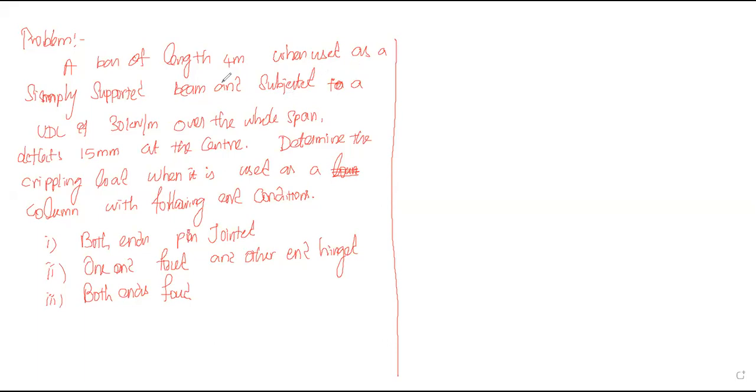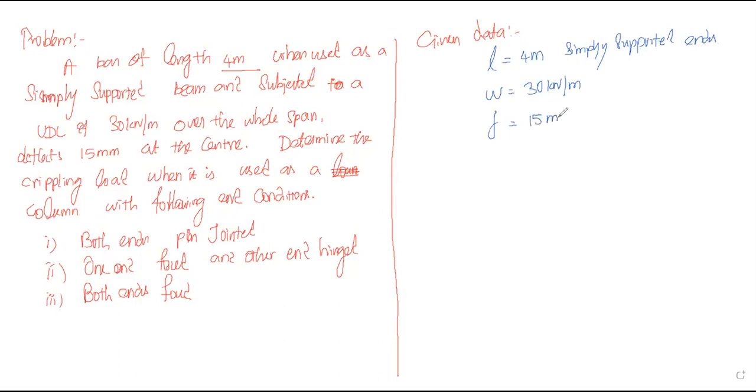Given data: the length L is equal to 4 meter, simply supported ends, load W is equal to 30 kilonewton per meter, deflection delta is equal to 15 mm.